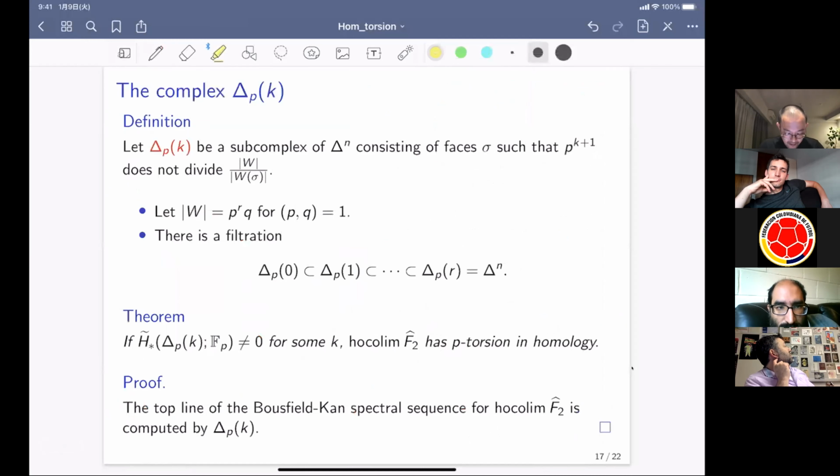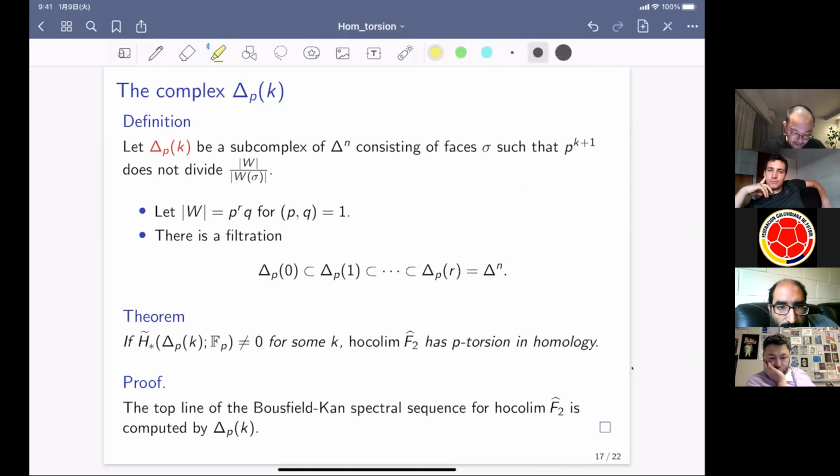Okay, so if the order of W is p^r times q, where p and q are coprime, then there is a filtration starting from Δ_p^0 and ending at Δ_p^r, where Δ_p^r is the full n-simplex. Right.